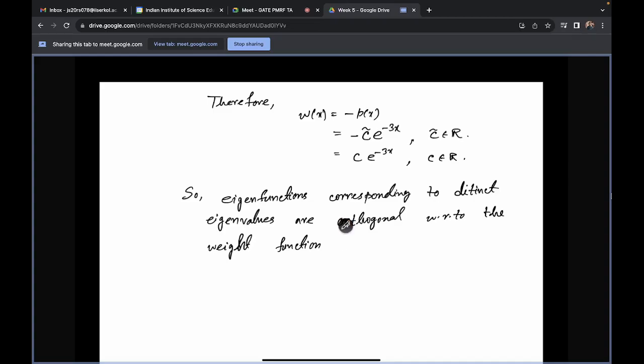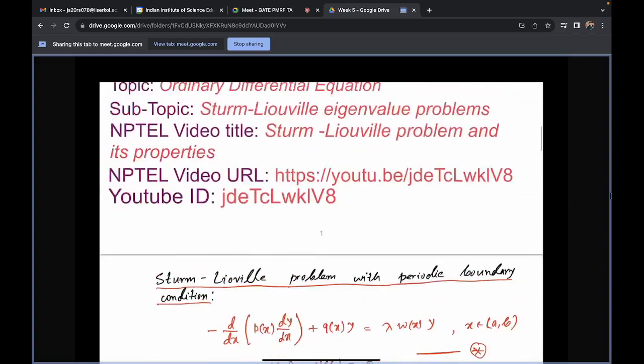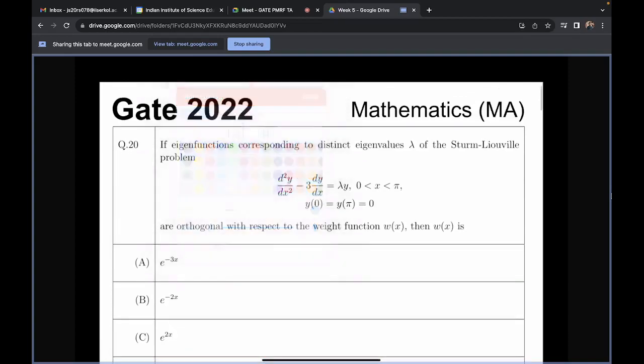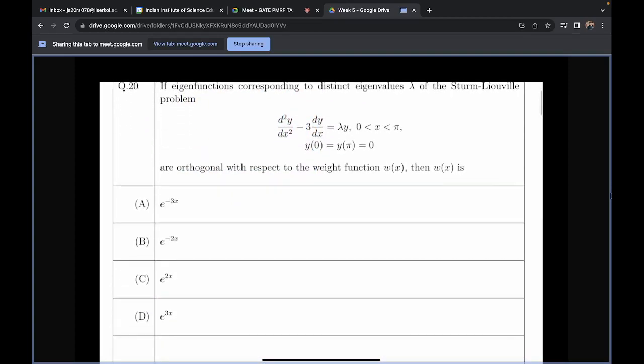The weight function w(x) equals e to the power minus 3x. So the answer is e to the power minus 3x, which means option A is correct.